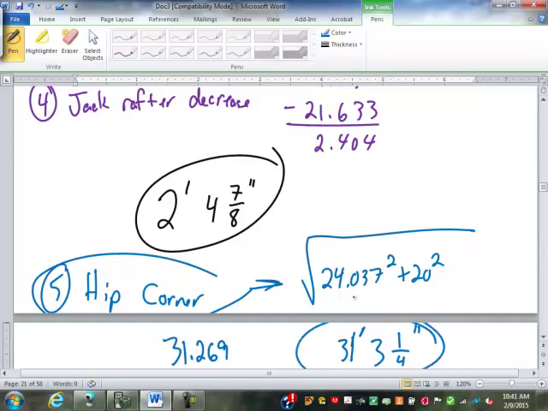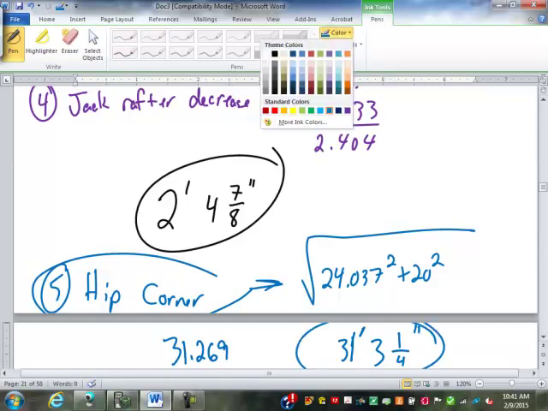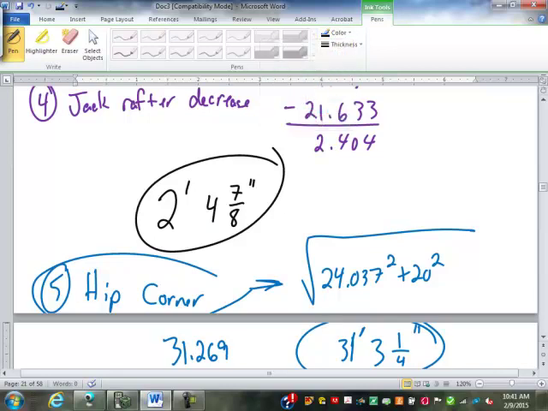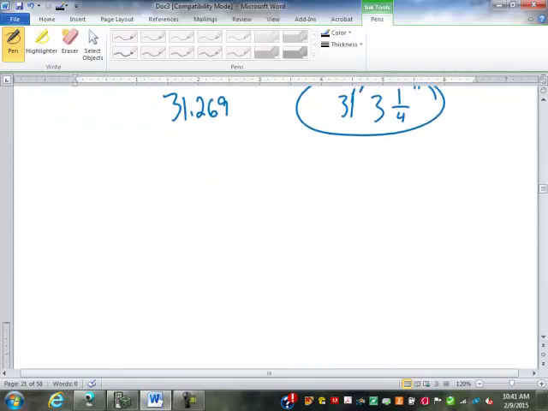So 31 feet, 3 1/4 inch. What do you think? Not so bad? What if we're talking about a valley instead of a hip?